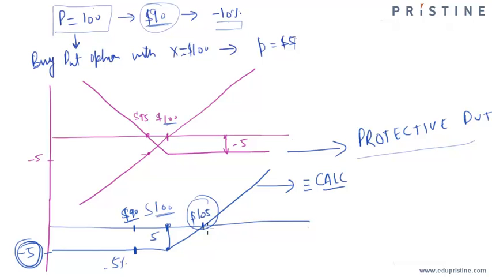So that is a loss we need to bear for the decrease in the downside loss. Here we have decreased our downside, which is expected, and we have decreased our profits as well. So this strategy is called a protective put. Here we are protecting our stock position using a put option. That's why it's called a protective put.